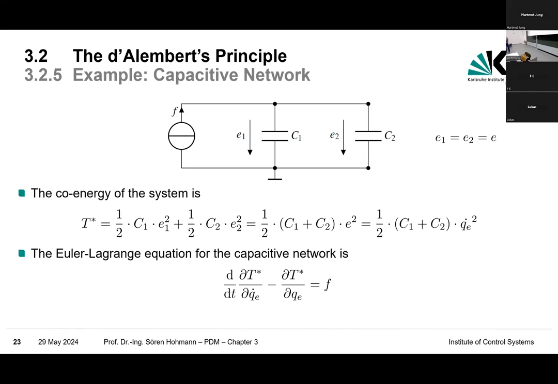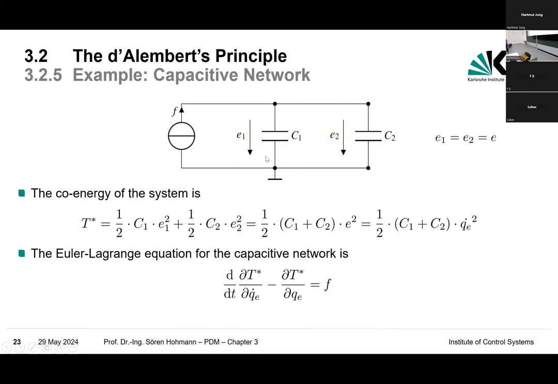Just to simplify, we have two capacitors. And this also shows that we have to be aware where the problem is with that, and what also defines the beauty. So we have, again, the source of flow and two capacitors with two effort variables, E1 and E2.